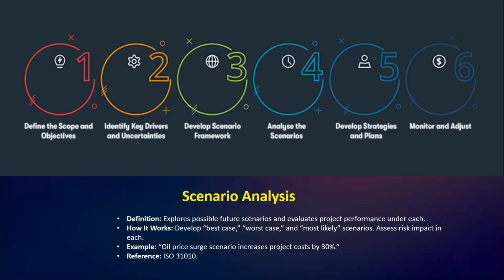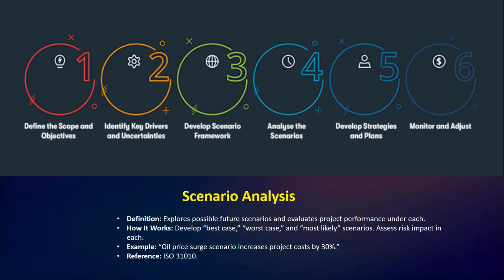So, scenario analysis is about imagining different possible futures of your project. So, you can develop a best case, a worst case, and a most likely scenario. Okay. Then you evaluate how your project would perform in each one. So, this helps you to prepare for a range of outcomes.